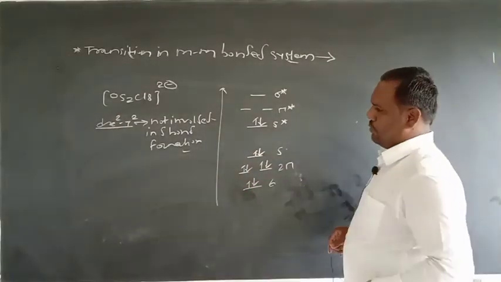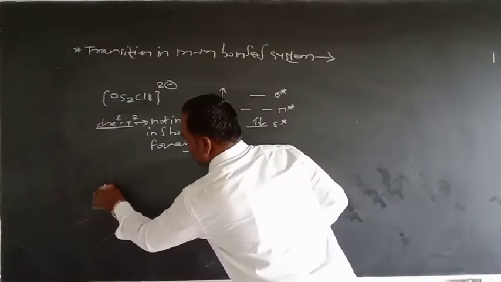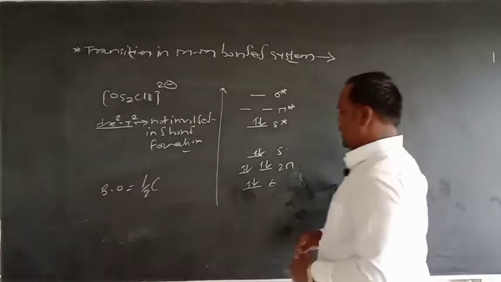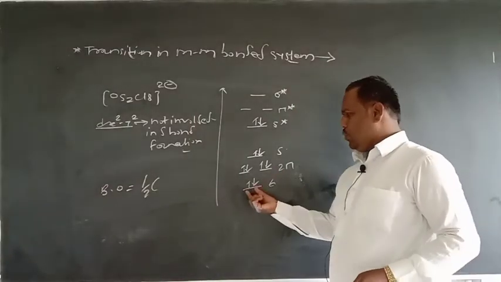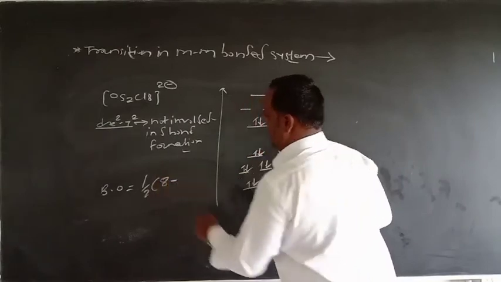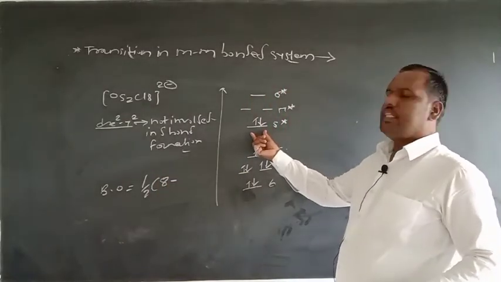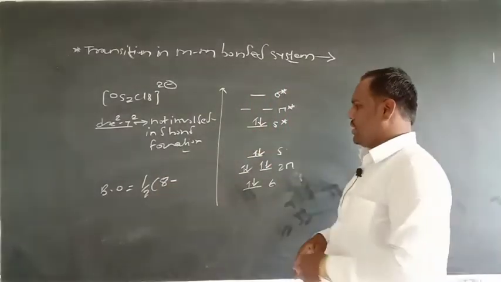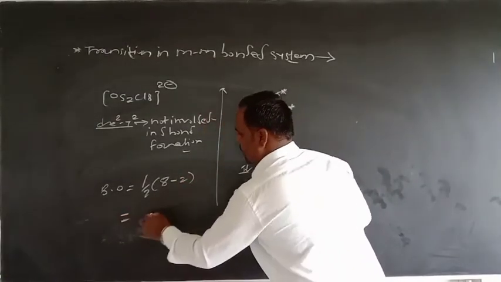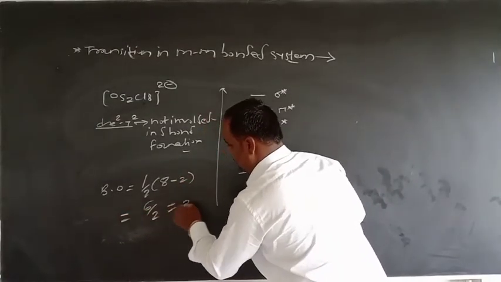The bond order is 1/2 times the number of electrons in bonding molecular orbitals, 8, minus the number of electrons in anti-bonding molecular orbitals, 2. So 8 minus 2 is 6, 6 by 2, so we get 3.